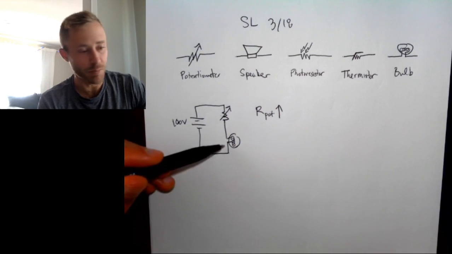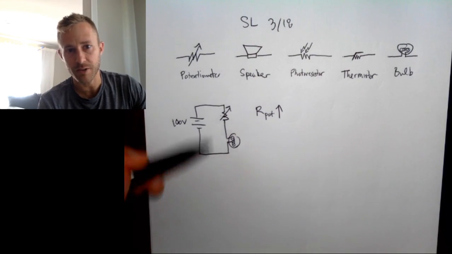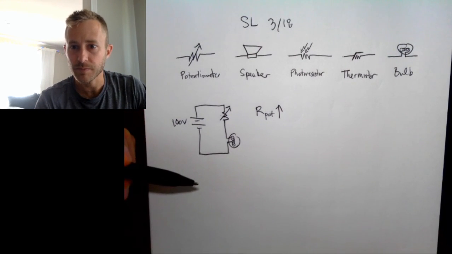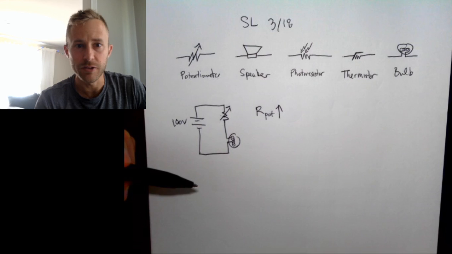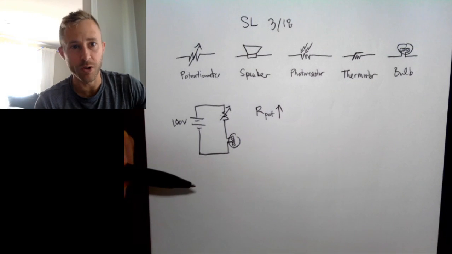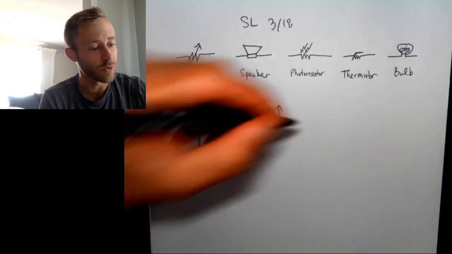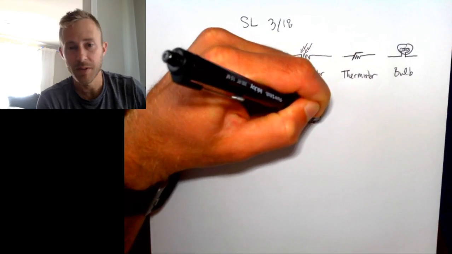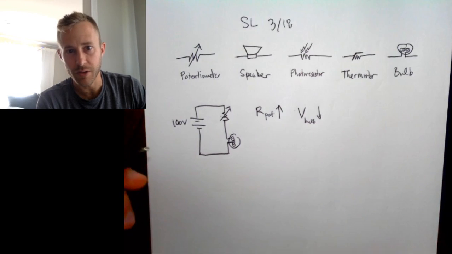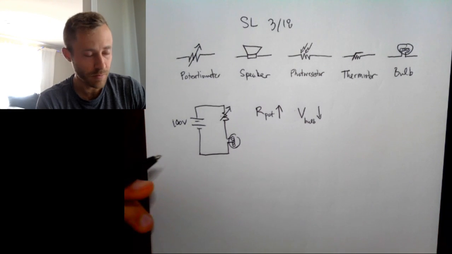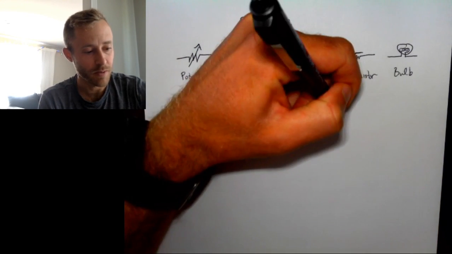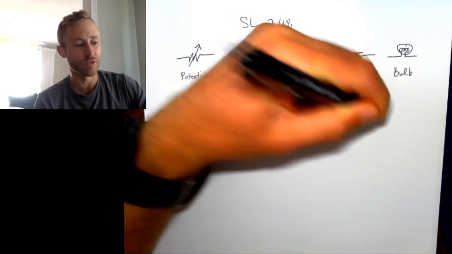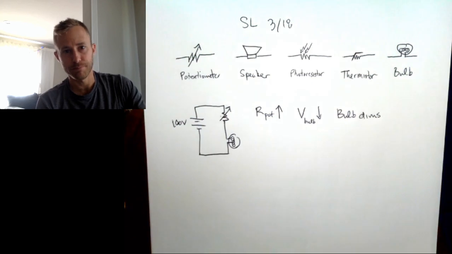Because both of these voltages have to add to 100, the bulb's voltage is going to go down. So the voltage across the bulb is going to go down, and that means the bulb is going to dim. So this is basically a dimmer.